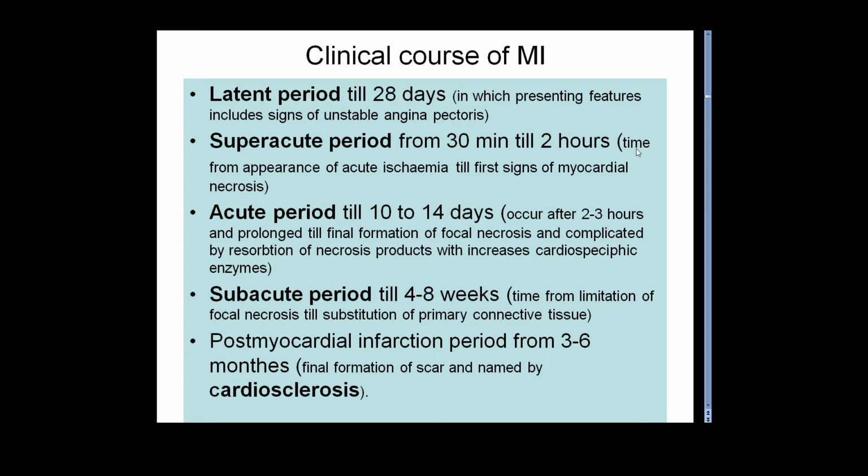The subacute period develops after the acute period, during 4 to 8 weeks, and is characterized by the time from limitation of focal necrosis until substitution by primary connective tissue. The last period of acute MI is post myocardial infarction cardiosclerosis, the formation of a scar. The duration of this period is from 3 to 6 months.